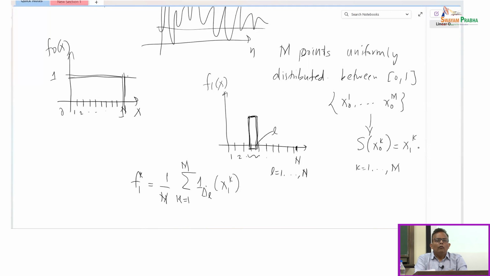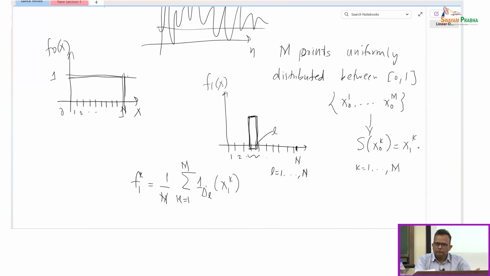Whenever x1, the next time step point, comes in the box delta L, I count it as 1. If it doesn't come in the box delta L, I count it as 0, right? And because there are m points, I just average it. It's 1 over m, okay?